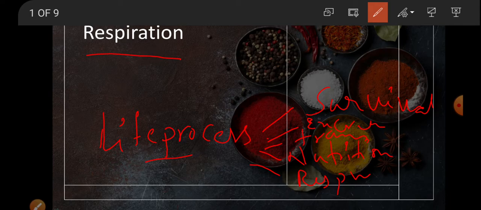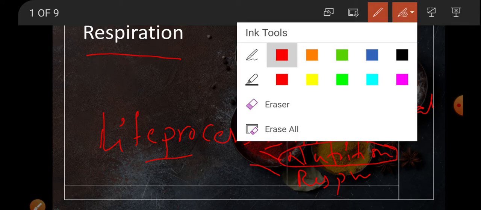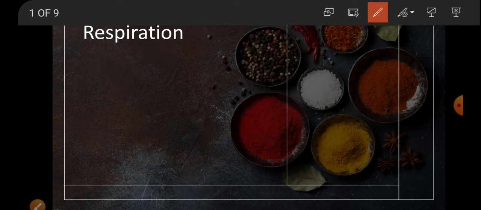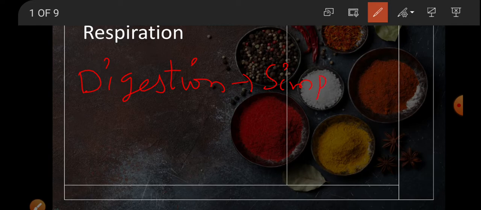In our earlier chapter, nutrition in animals, we came to know that digestion is one such process where the food which we eat is broken down into simple particles. Such food, when it is digested at the villi of our small intestine, is absorbed into the blood.